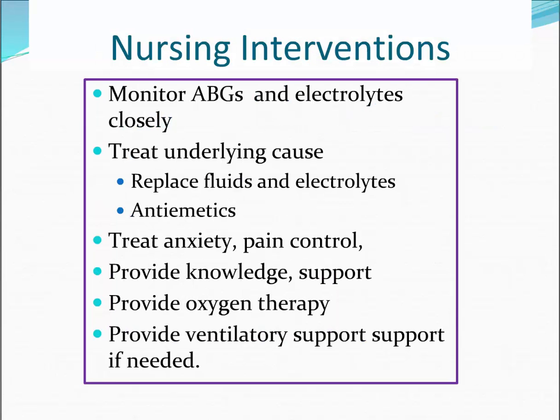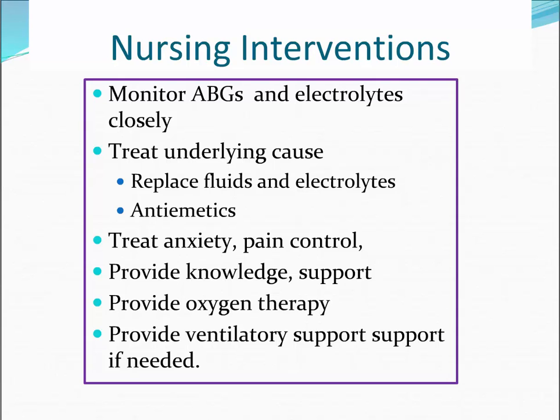Okay, as far as nursing interventions, as a nurse, you'll be monitoring the arterial blood gases very closely and the electrolytes, and then collaboratively treating the underlying cause, whether it's replacing fluid and electrolytes such as potassium chloride or calcium, administering antiemetics for your client who's experiencing nausea and vomiting.